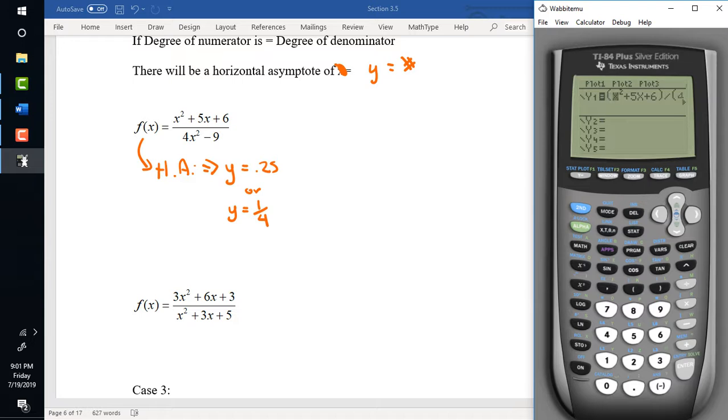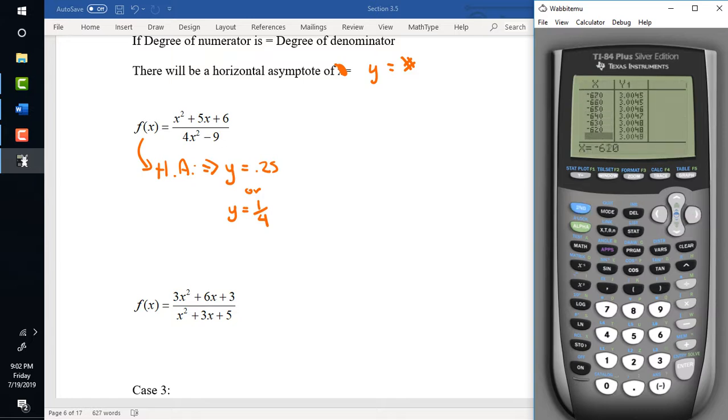I have 3x squared plus... So, second graph.